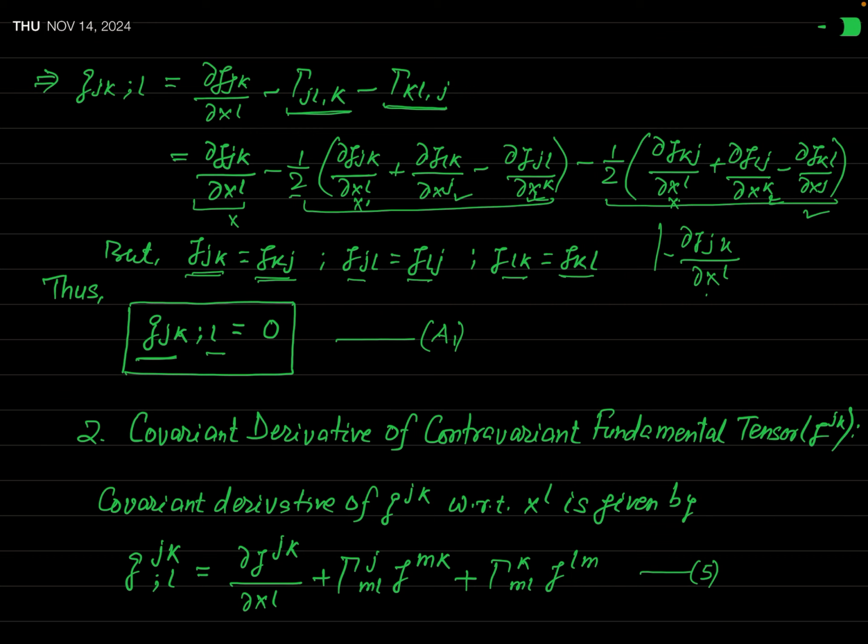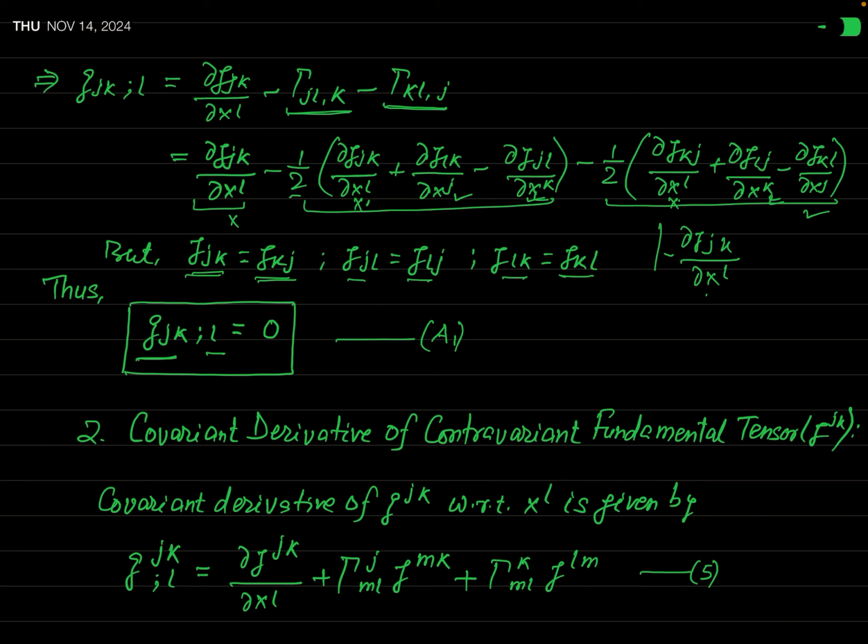This fact I have stated earlier, that the covariant derivative of a fundamental covariant tensor is equal to 0. So this fact has been proved, and I think you have clearly understood the calculation. But as I have told you, you must remember this fact for your objective type problems.